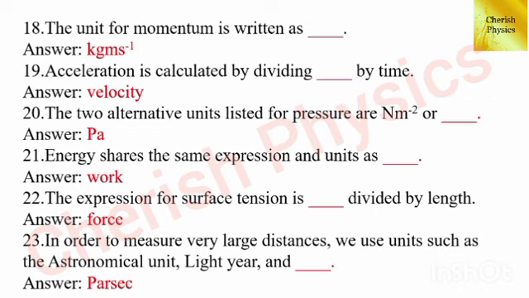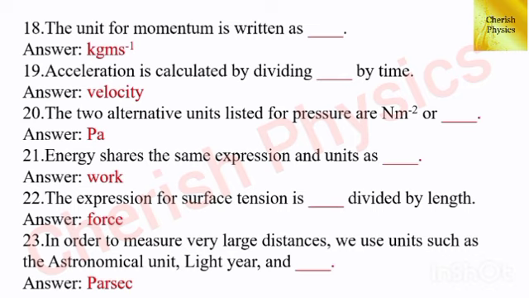The two alternative units listed for pressure are Newton per meter squared or Pascal, PA. Energy shares the same expression and units as dash. Work. The expression for surface tension is dash divided by length. Force divided by length.